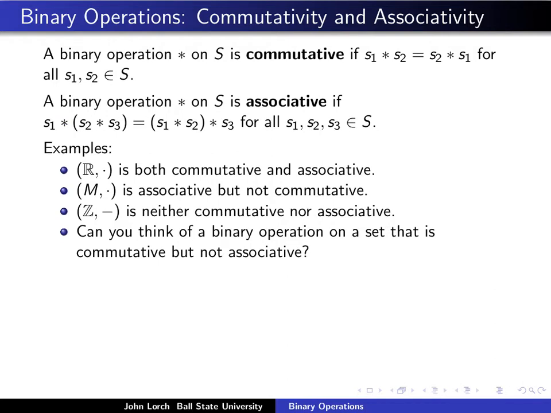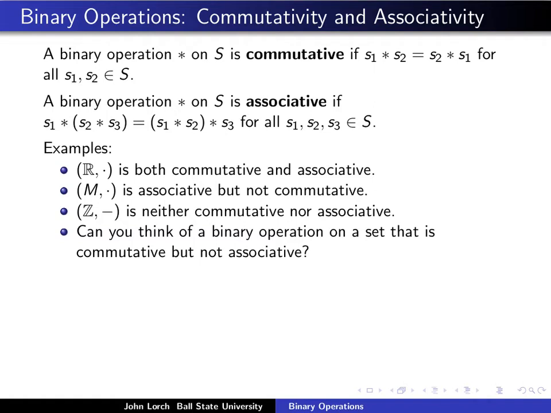Sometimes binary operations can have additional desirable properties. The first of these is one that we were just discussing a moment ago, and that is sometimes the order in which the multiplications occur does not affect the outcome. That is, S1 star S2 and S2 star S1 give the same result.